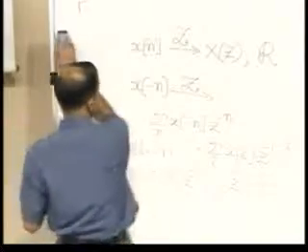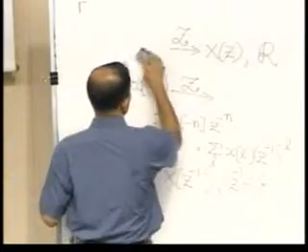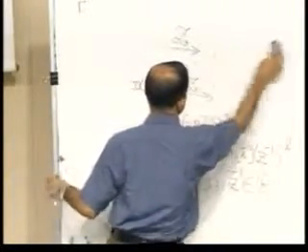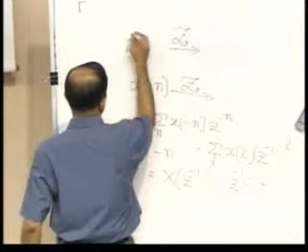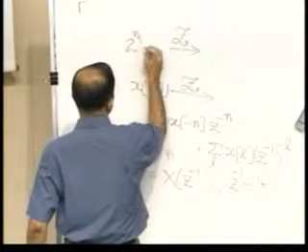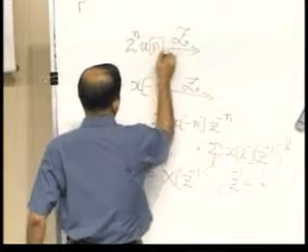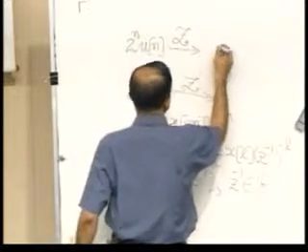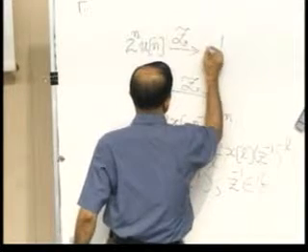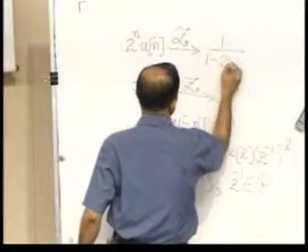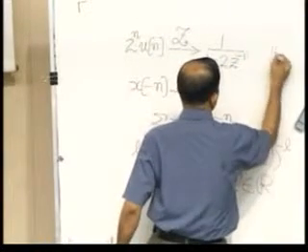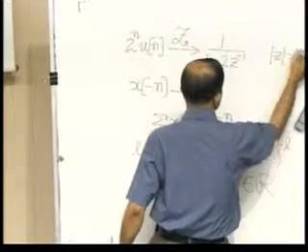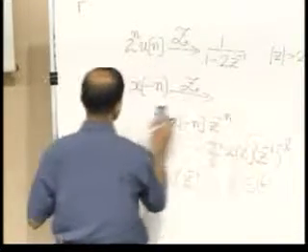Let us take an example. 2 raised to the power n u[n] has the Z transform 1 by 1 minus 2 z inverse, with a region of convergence mod z greater than 2.